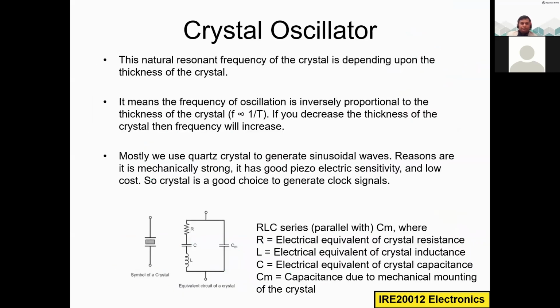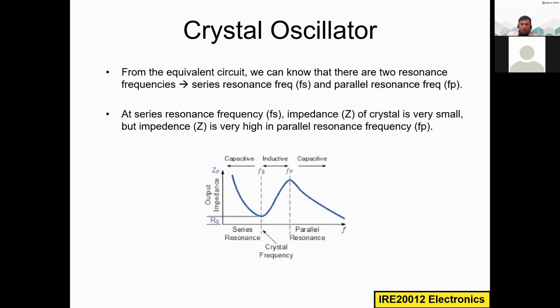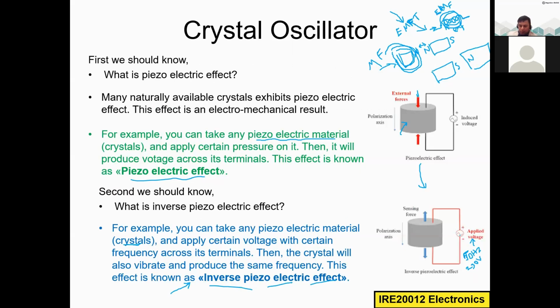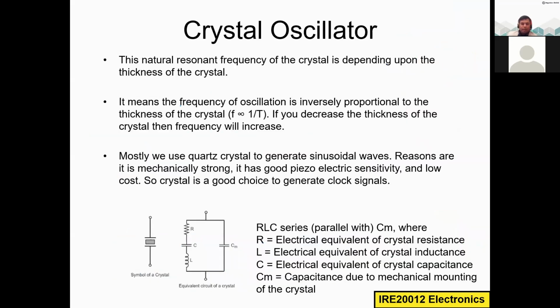Now, the natural resonant frequency of the crystal depends upon the thickness of the crystal. It's not only depending upon the applied voltage, it also depends upon how thick a material you are going to use. It means the frequency of oscillation is inversely proportional to the thickness of the crystal.